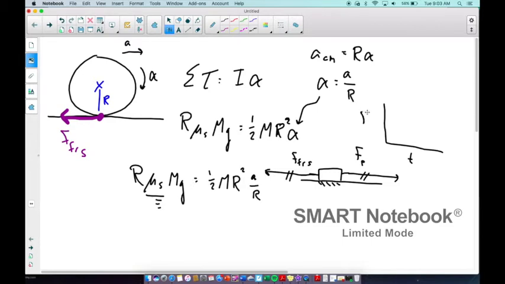So we had this graph where here's a frictional force, if I were to graph it, and maybe time. And as time goes on, I'm pulling with a stronger and stronger force. So the frictional force grows and grows up to some maximum value, and then all of a sudden I overcome the static frictional force, and then what happens? I get the thing to move, and then the lower kinetic friction takes over.